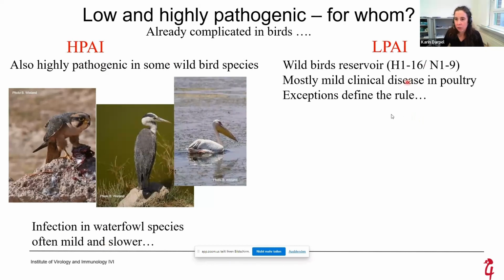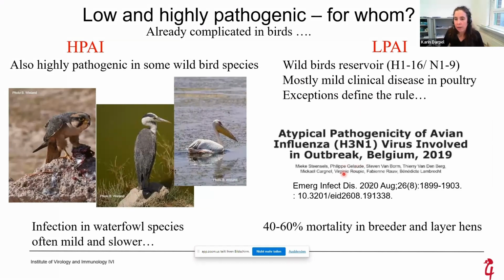While low pathogenic avian influenza virus has a wild bird reservoir and mostly leads to mild clinical disease in poultry, exceptions define the rule. So there's, for example, a strain of avian influenza which, although genetically it was a low pathogenic avian influenza strain, led to quite significant disease in a certain age structure of poultry.